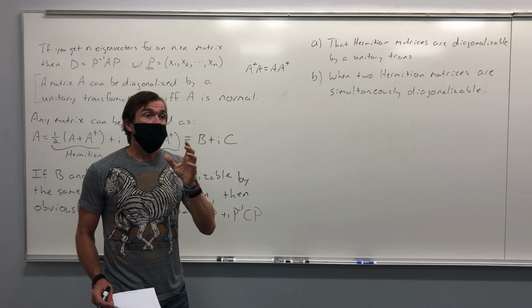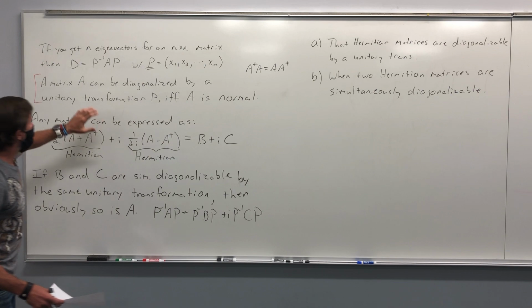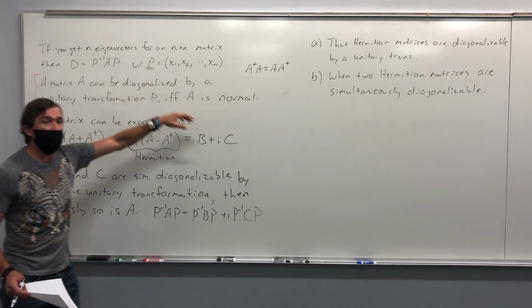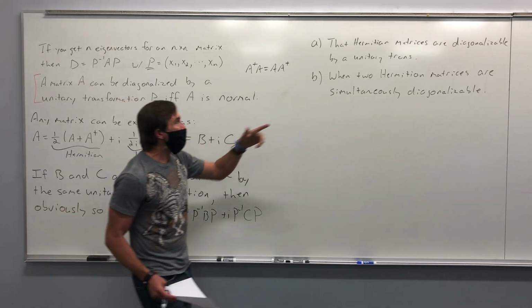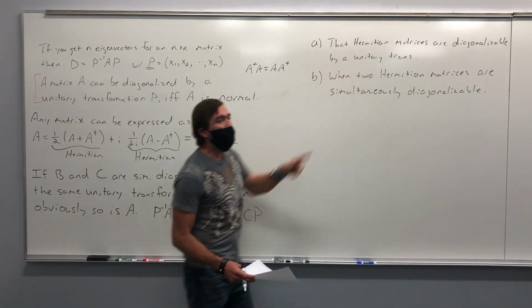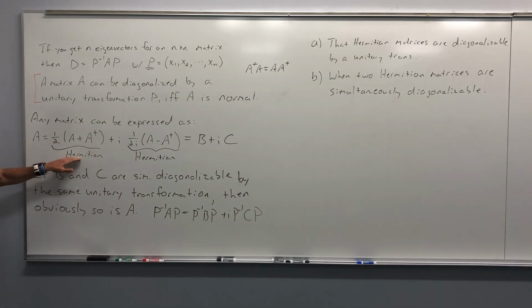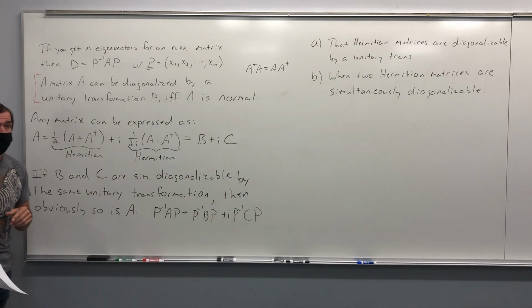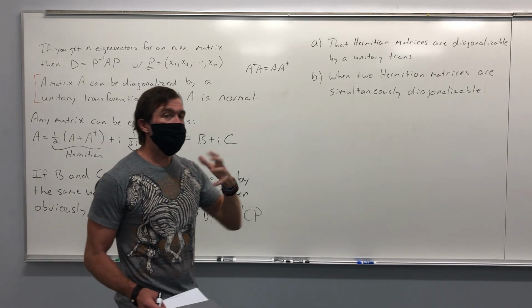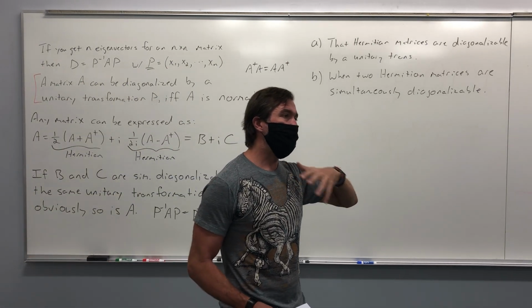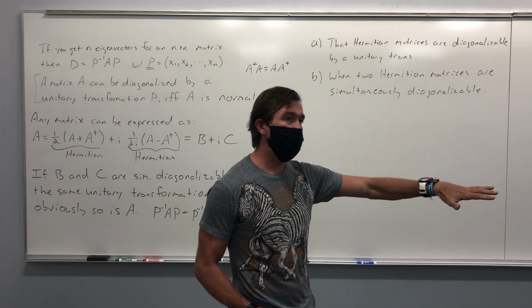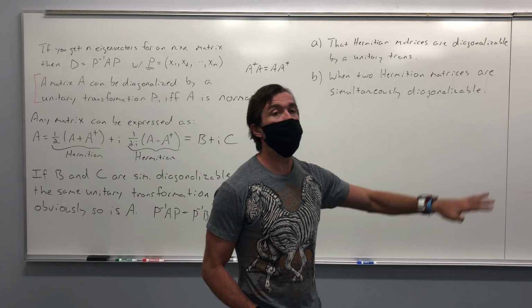Okay? So we're going to prove this result holds for all of them, but it goes by way of breaking an arbitrary matrix down into these two Hermitian parts. Okay? So I'm just trying to get you to realize the result I'm going to prove is not just applying to Hermitian matrices. It's going to apply to any normal matrix.